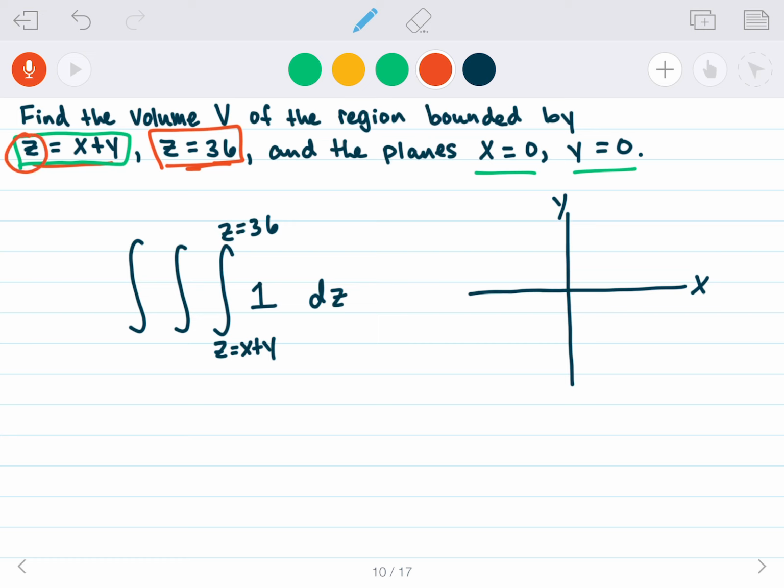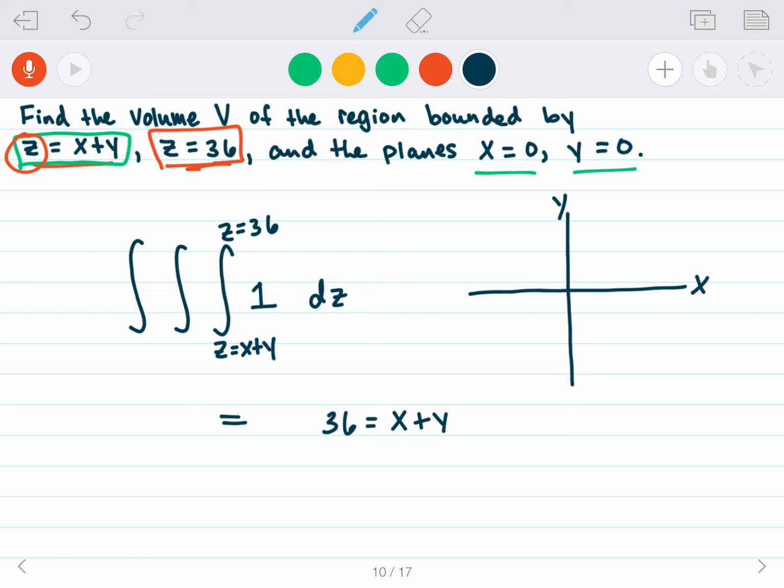And so if I plug in 36 in here, now I'm just in a function of x and y. So I have 36 is equal to x plus y. I'm just subbing in 36 so that I can draw what this looks like in the xy plane without worrying about z. Because all I have left are my xy bounds. That's all I care about. Z is done for.